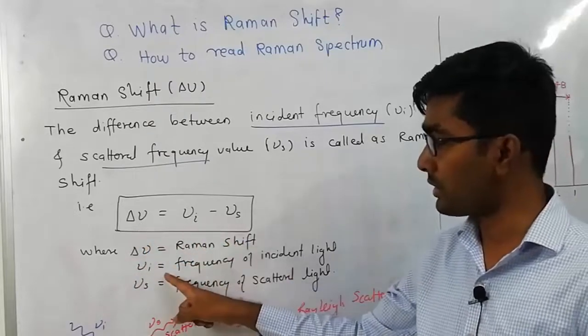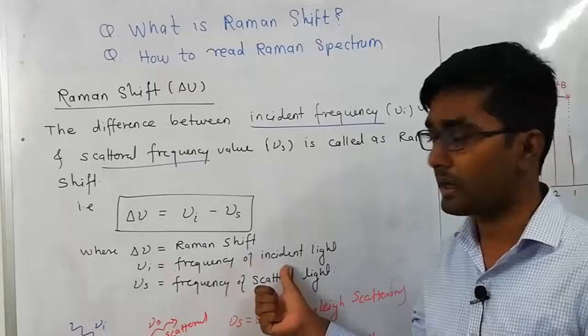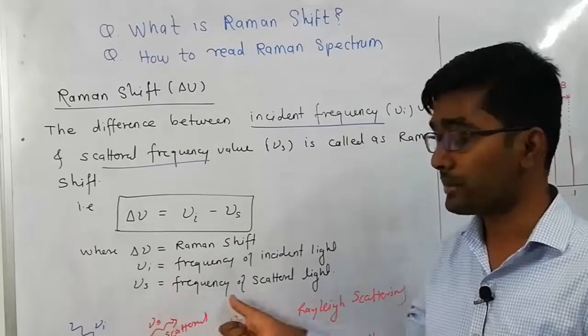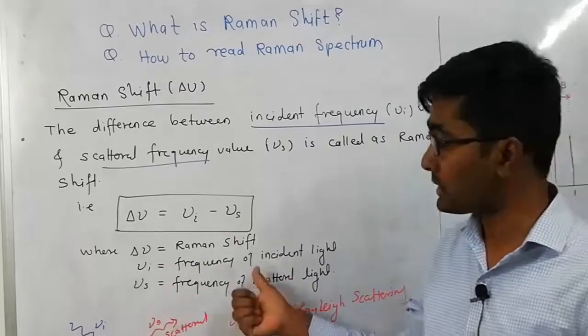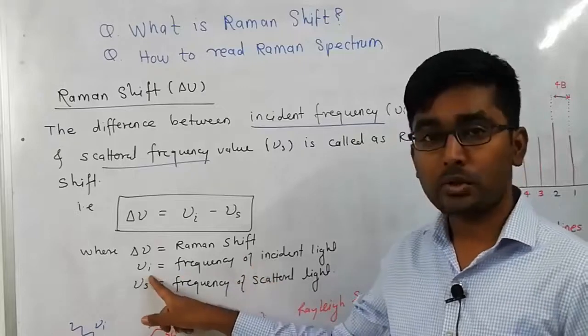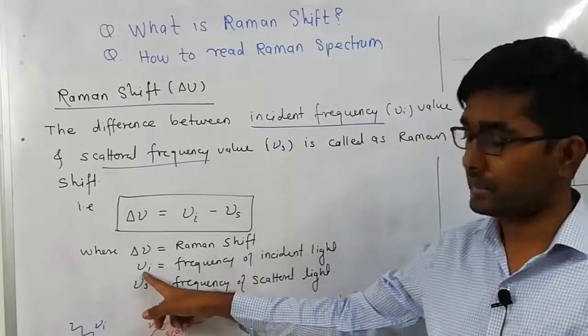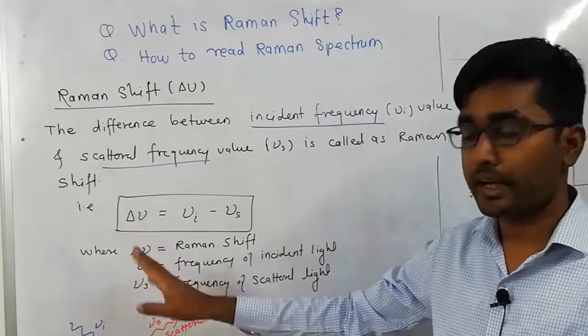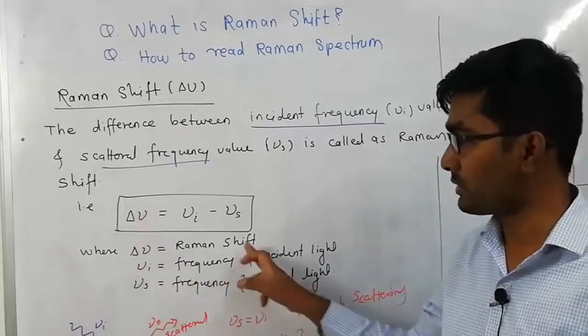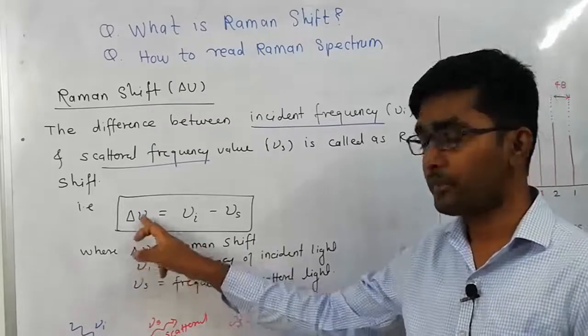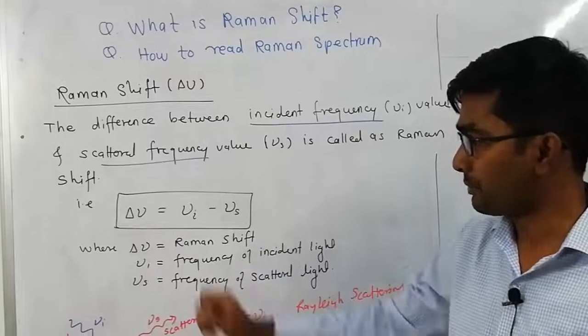Mu I is called the frequency of incident light and mu s is called the frequency of scattered light. Sometimes mu I is also called the excitation frequency, mu ex, and delta mu is called the Raman shift.